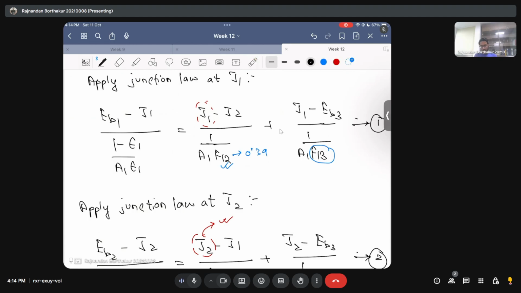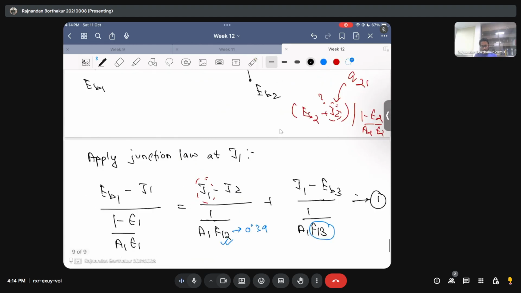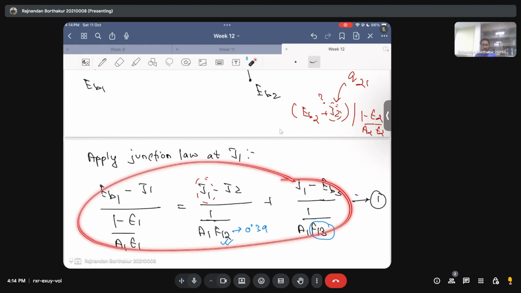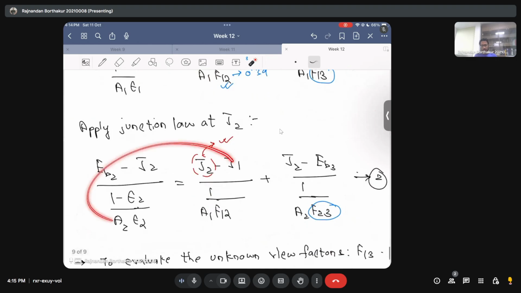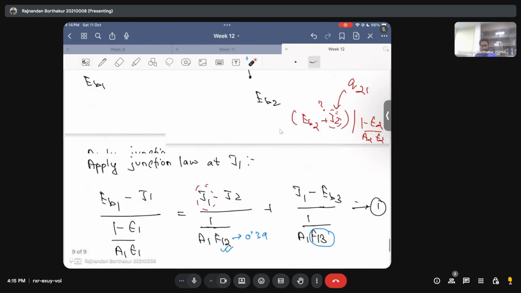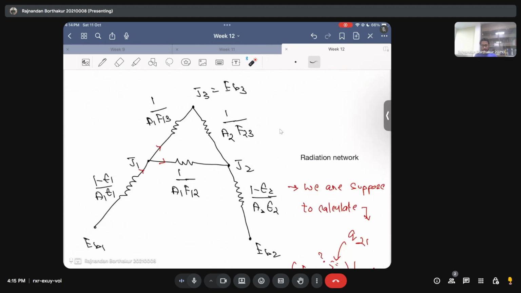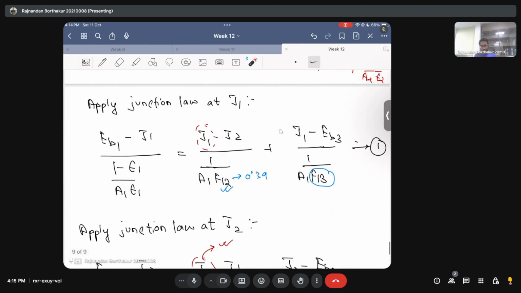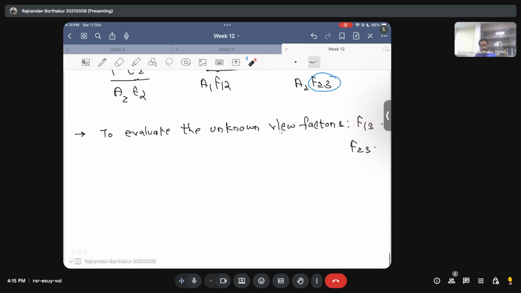Okay, so I hope you understood how we wrote this particular form of the junction law at the two junctions J1 and J2, from the network that we just drew, as you can see on your screen. Now the task that lies ahead is to evaluate the unknown view factors F13 and F23, and let's start from where we know.